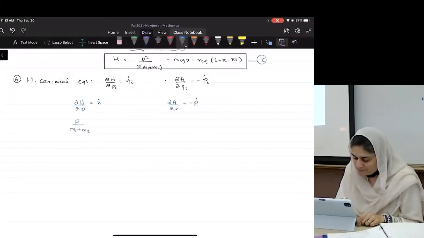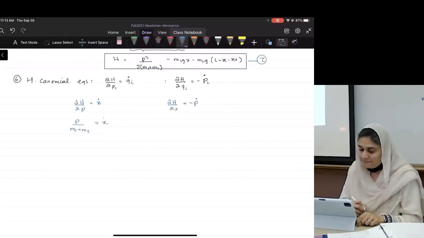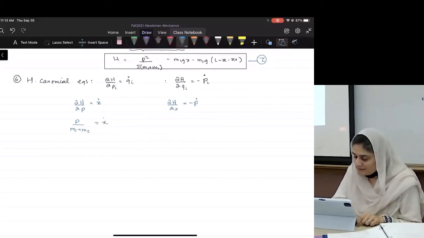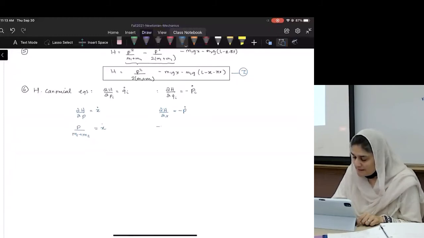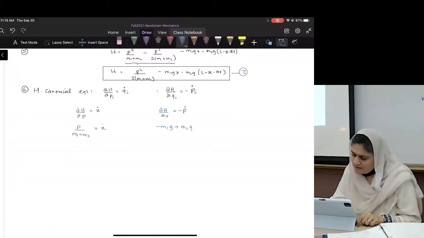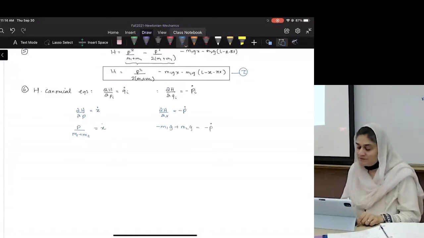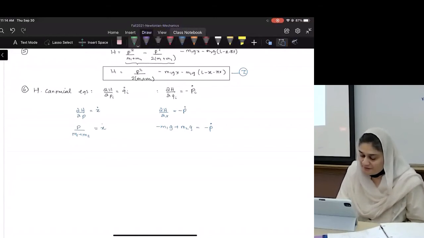P over (M1 plus M2) equals X dot. And minus M1g plus M2g equals minus P dot. The next step is differentiating this side with respect to time.